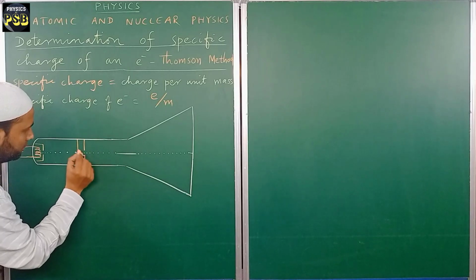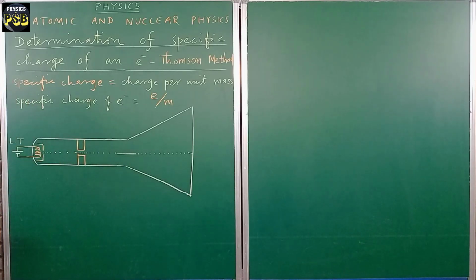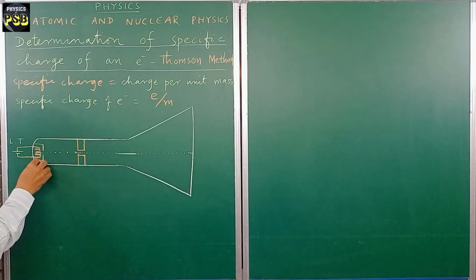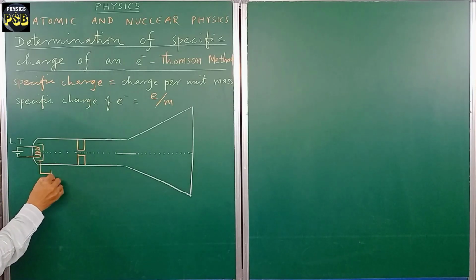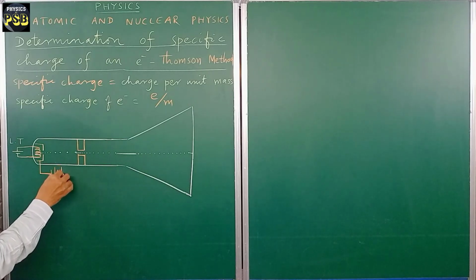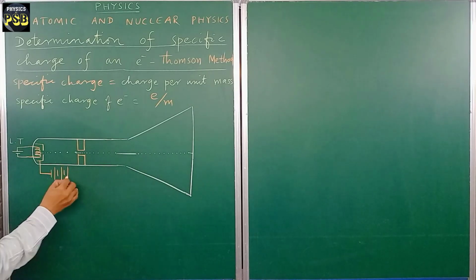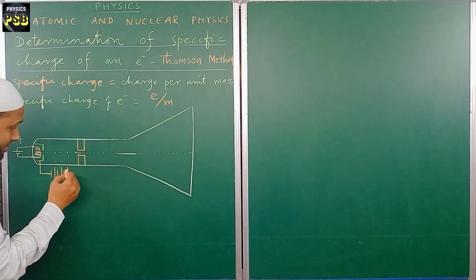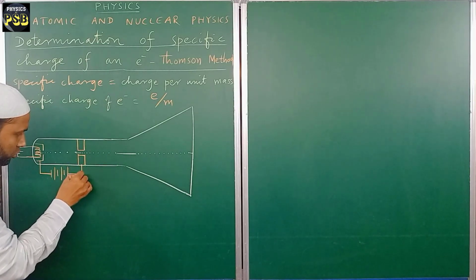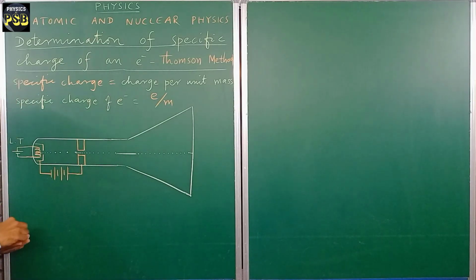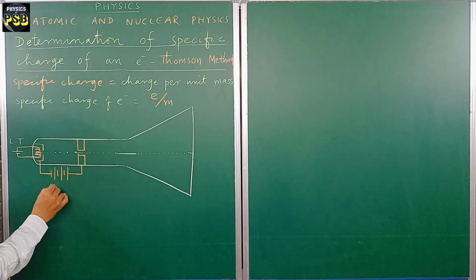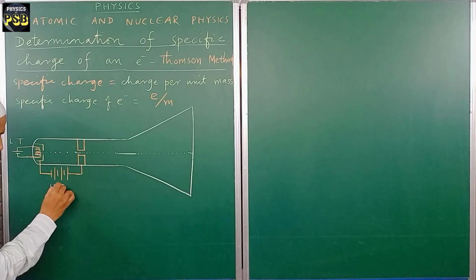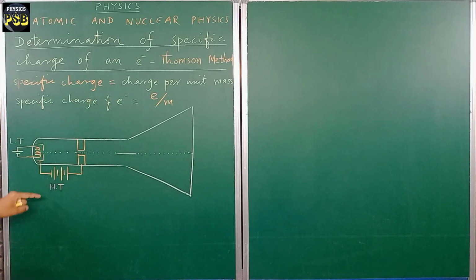So this cathode is connected to the negative terminal of a high tension battery, whereas the anode is connected to the positive terminal of the high tension battery. Again, the tension stands for voltage. So this battery provides a high voltage.